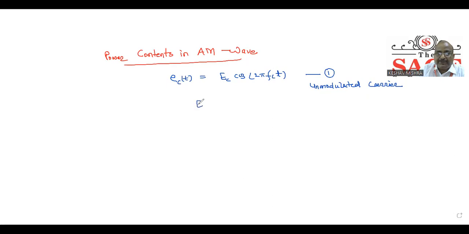This Ec is representing its peak value or amplitude, and this fc is the frequency. For the sake of convenience, we have taken the phase as 0.